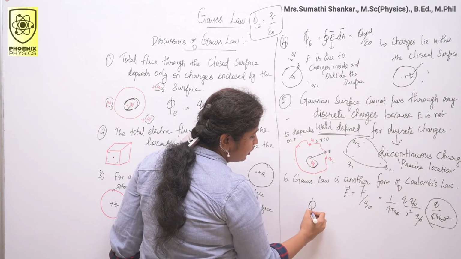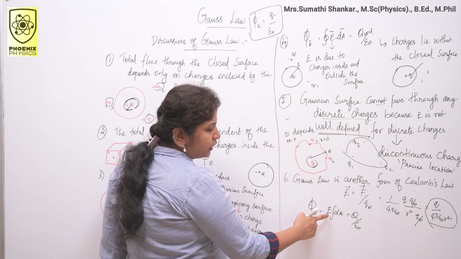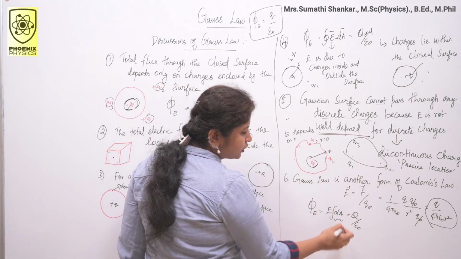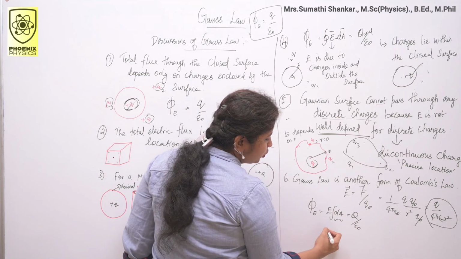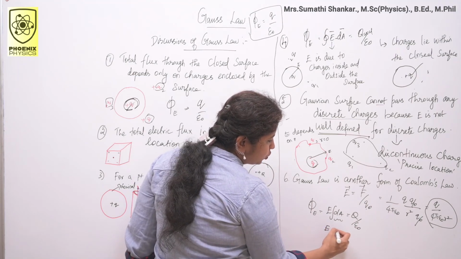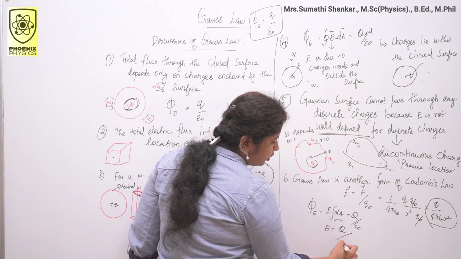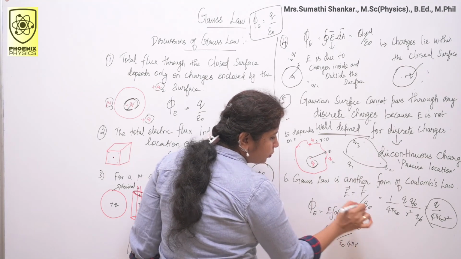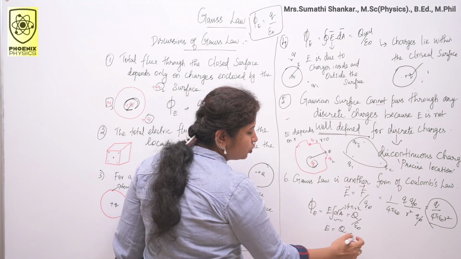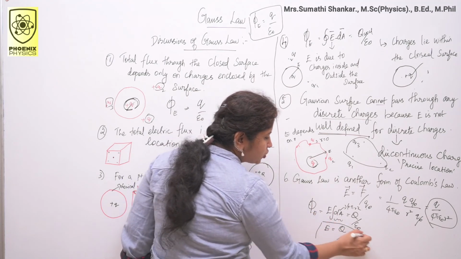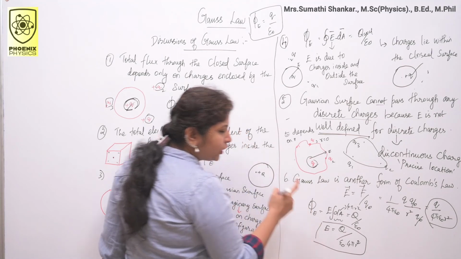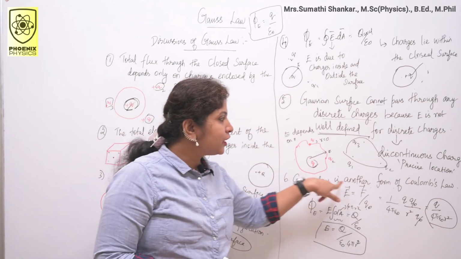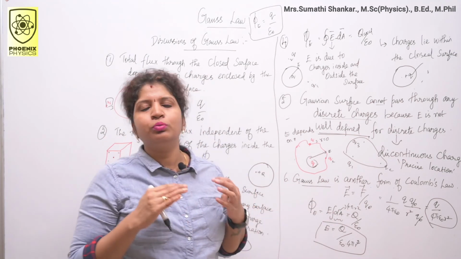What is our Gauss law? Phi E is equal to the integral of E dA equals Q by epsilon naught. This dA is nothing but the surface of the sphere. So, you can write E is equal to Q by epsilon naught 4 pi r square, because the area is 4 pi r squared. Instead of dA, you can substitute 4 pi r square. From this Gauss law, you can easily calculate the electric field value. That is why I said Gauss law is another form of Coulomb's law.